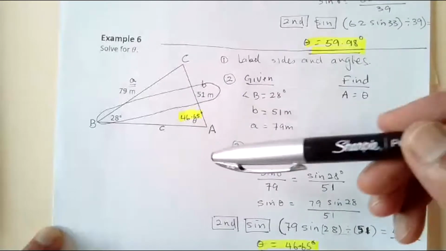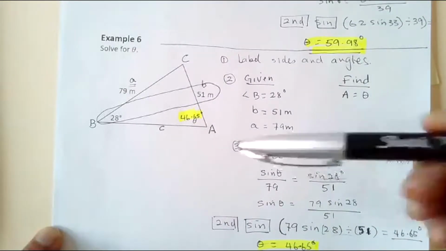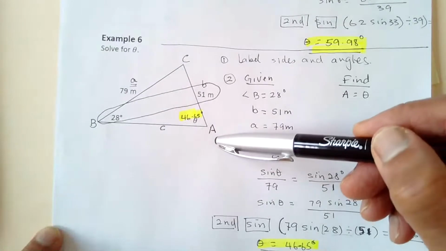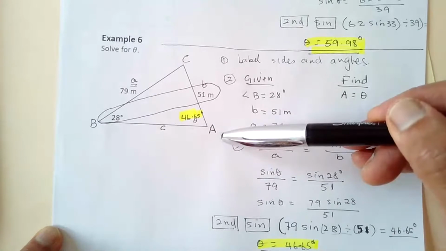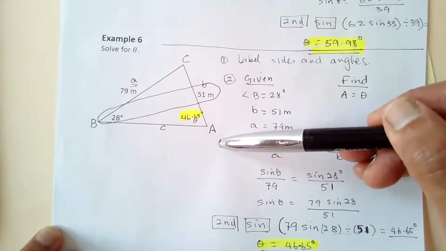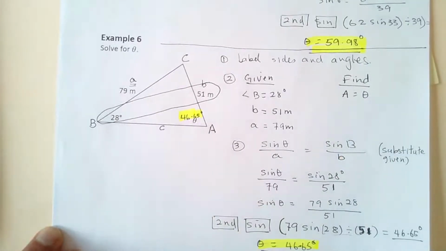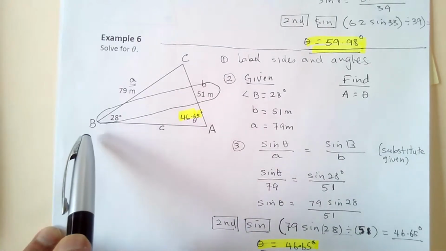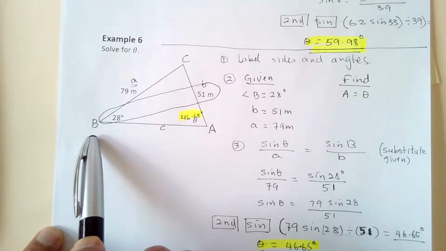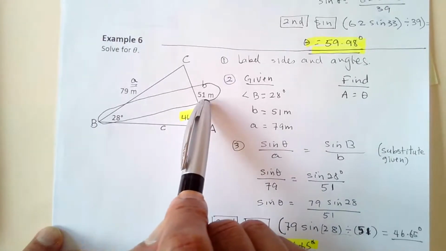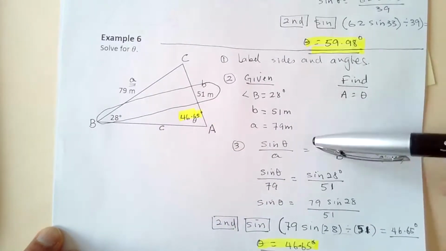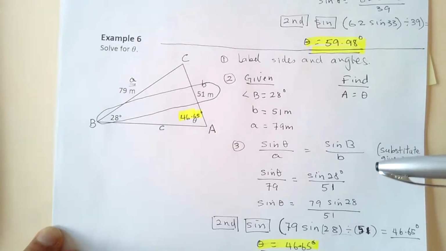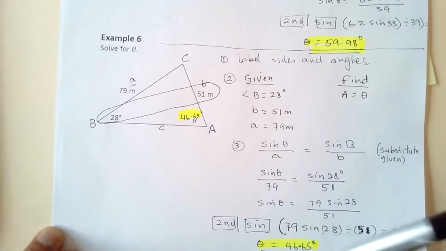So we label the sides, and to make it easy to work through the algebra, we label the unknown angle. The angle we need to find is A. And the side opposite that angle will be labeled A. Then we label the given angle B, and its opposite side as side B. We substitute those values into our sine rule, and we solve using algebra and our calculator.